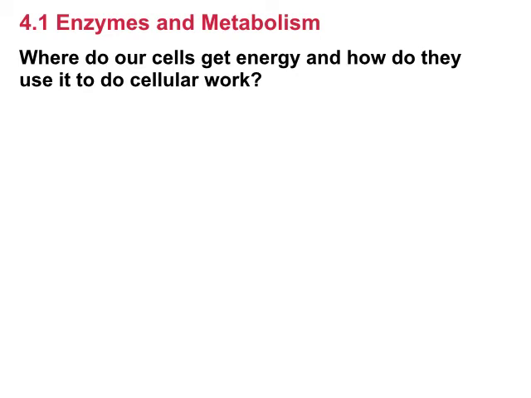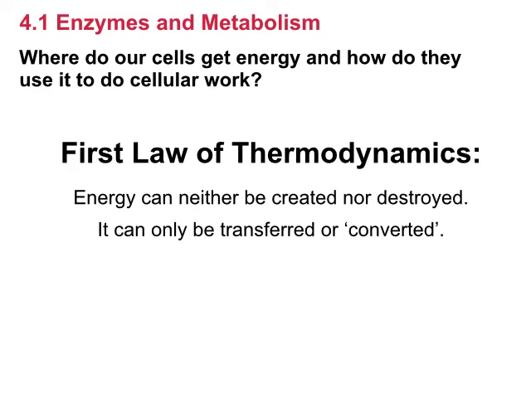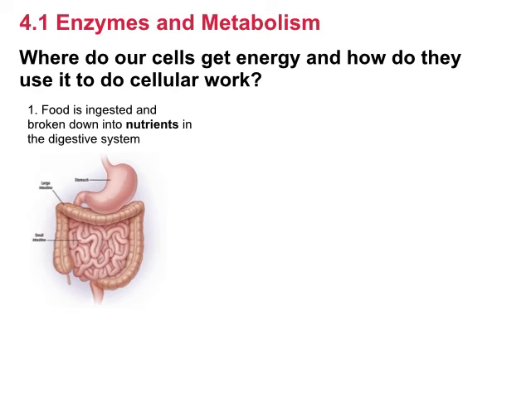So where do our body cells as humans get energy, and how do they use it for cellular work? Again, back to the first law of thermodynamics, our cells cannot create energy. They have to convert it. So we have to eat food. The first step is we ingest food into the digestive system.